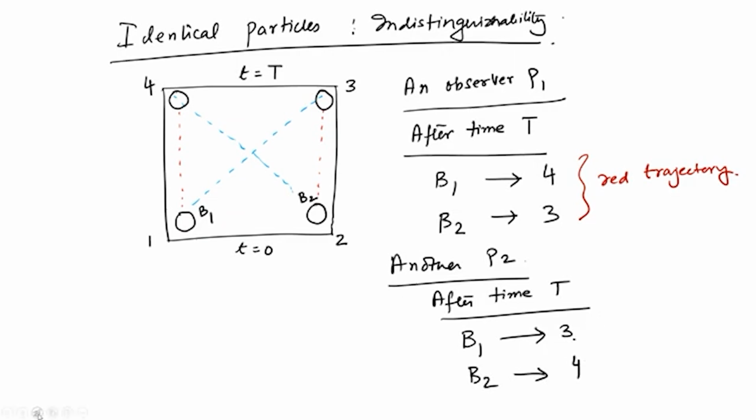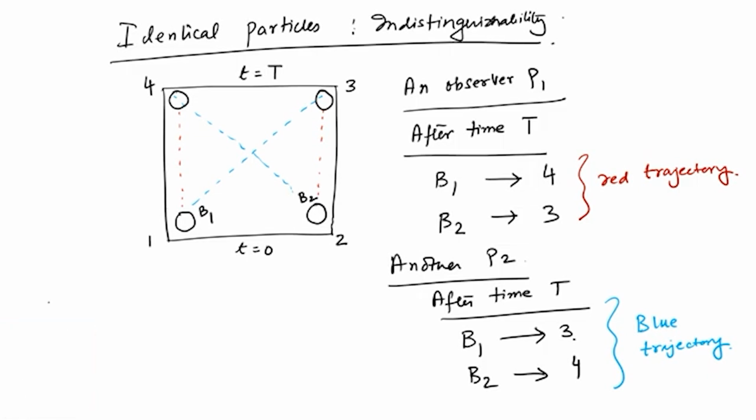And this is the blue trajectory, a blue path. Of course, both can be correct, we know that, because we have forcefully named them, but they are identical, so they cannot have any name associated with them. So, an independent observer actually would find that both are correct.